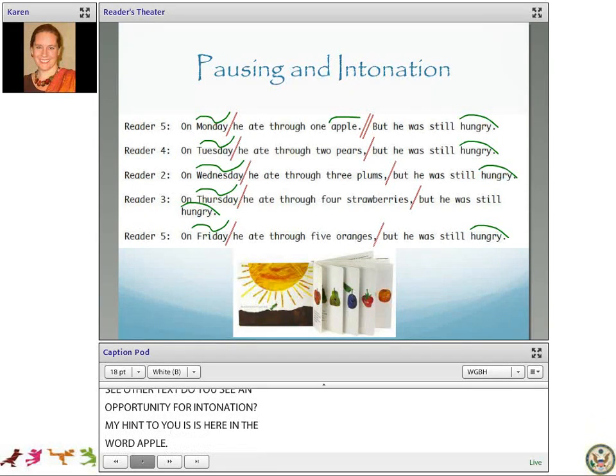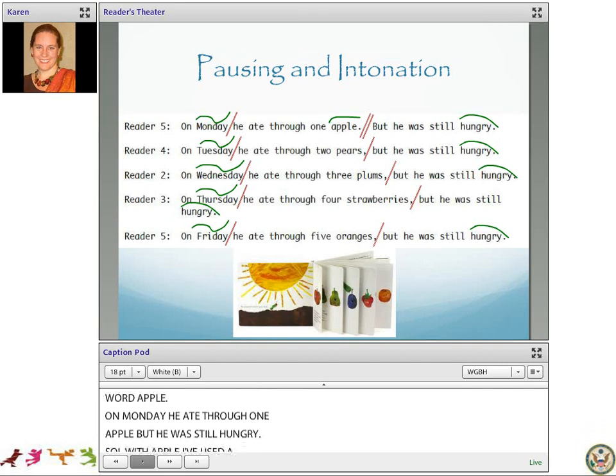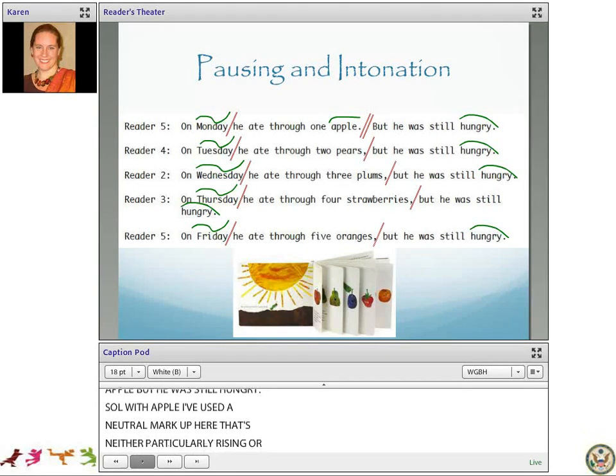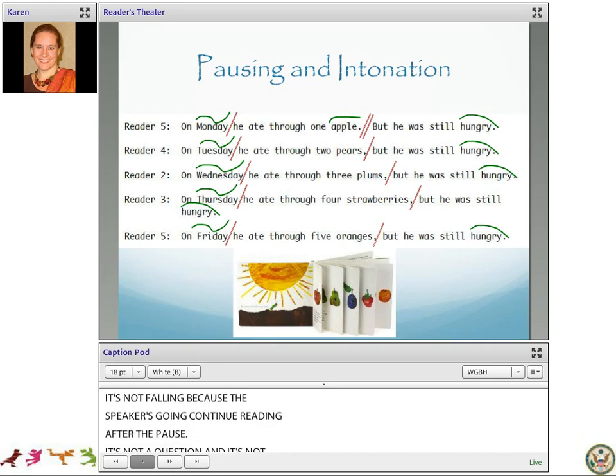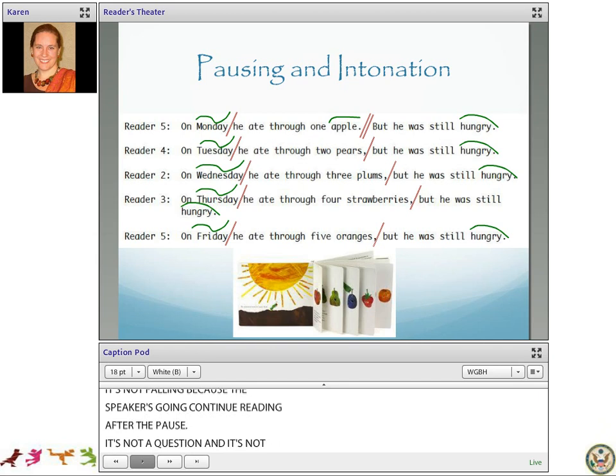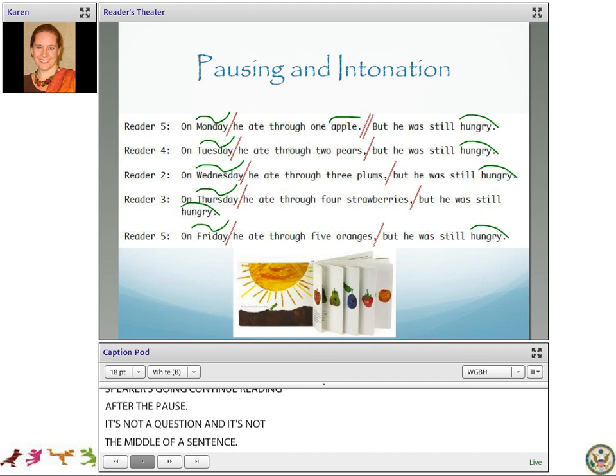Okay. So with apple, I've used a neutral kind of markup here. It's neither particularly rising or falling. It's not falling because the speaker is going to continue reading after the pause. And neither is it particularly rising because it's not a question and it's not the middle of a sentence. Okay. But by the time you move on to Tuesday, you might start to use some slightly rising intonation because the author has now placed these as complex sentences with a dependent and an independent clause.